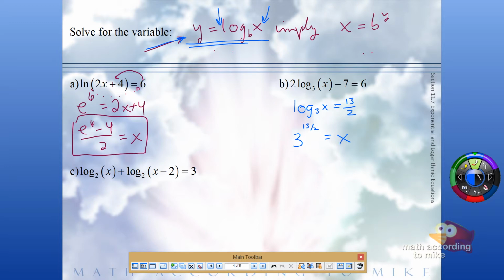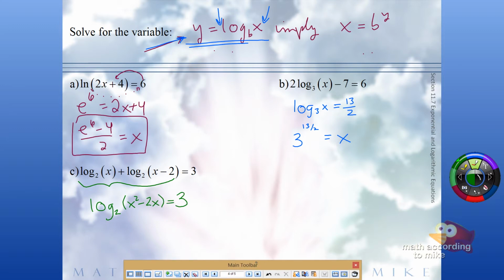In part C, notice on the left-hand side we are adding logs. If you are adding logs, what do you do to their arguments? You multiply them according to the product rule. So the left-hand side becomes log base 2 of x squared minus 2x, because we distributed that x through. Okay?